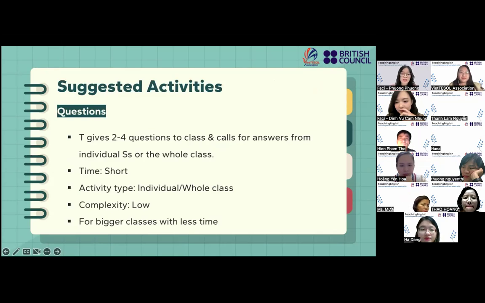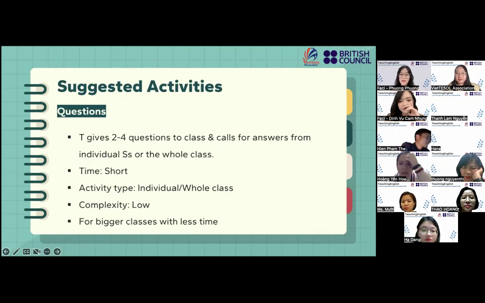The first one, the teacher can give questions to the class, maybe 2 to 4 questions, and then call for answers from individual students or the whole class. So you don't need a lot of time for this. And usually the complexity of this activity is quite low because you can have very easy questions, but you can also increase the level of complexity by increasing the difficulty of the question.